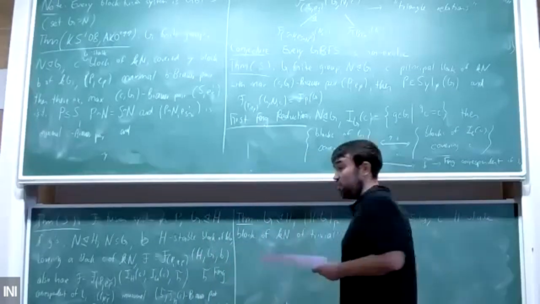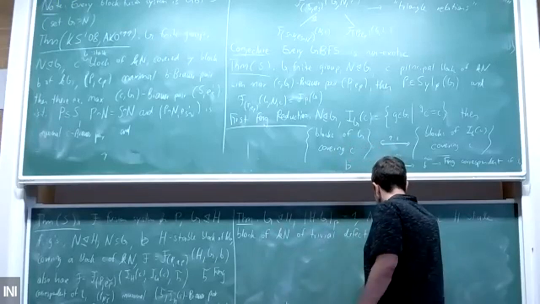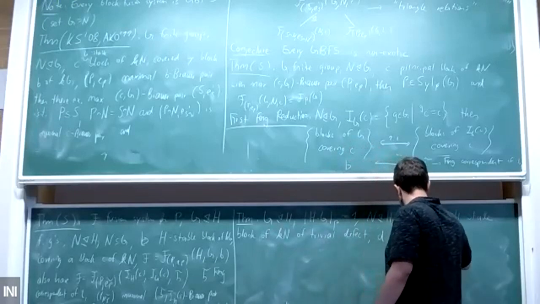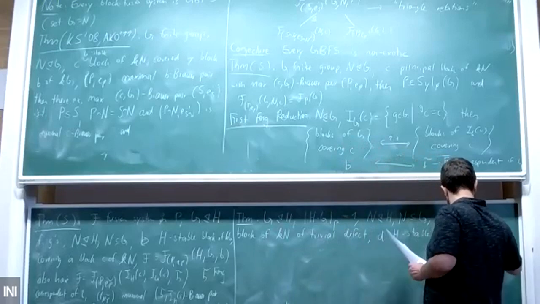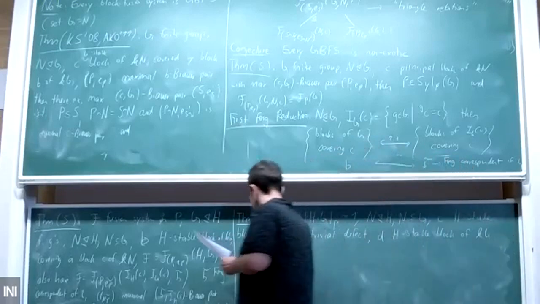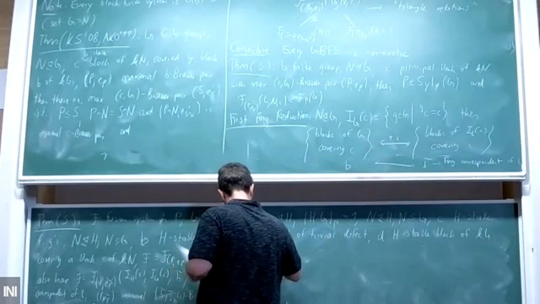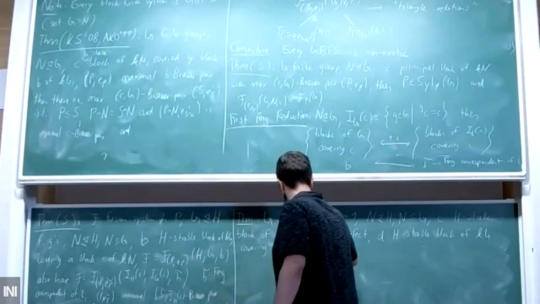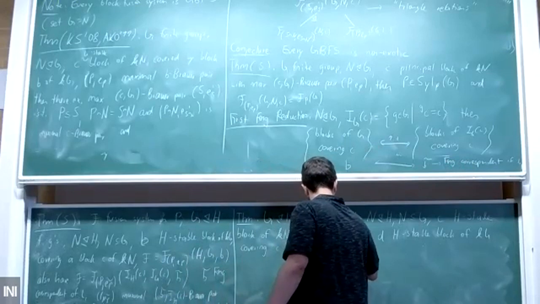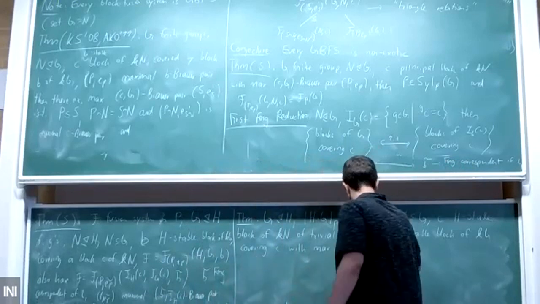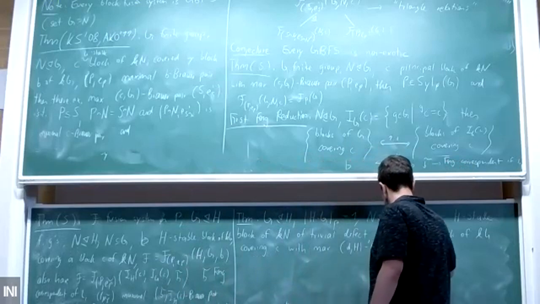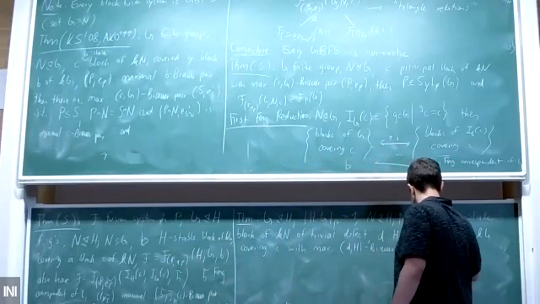So the defect group is just the trivial group. Then we take D an H-stable block of KG covering C with maximal (D, H)-Brauer pair (P, e_P).